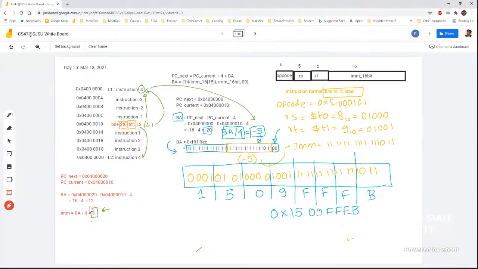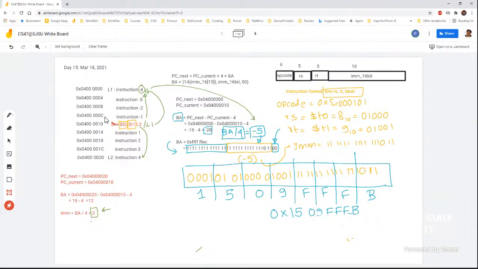So once we understand the whole process and how things are calculated, we can simplify it for mental calculation. We simply count the instructions. If it is a backward jump, we increase that index by 1 and take the negative of it.